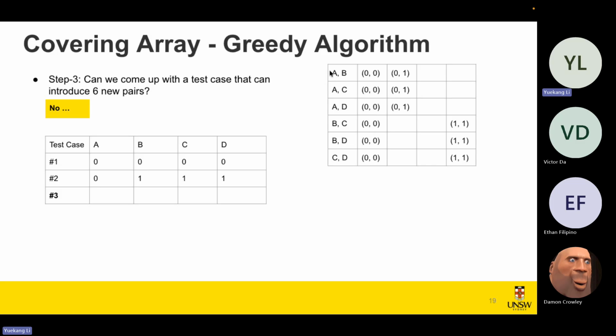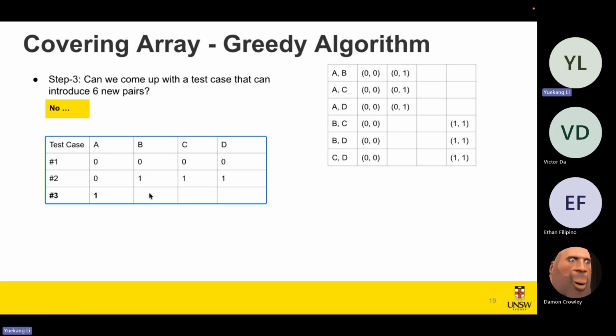If you care about A, we just need to pay attention to the first 3 rows. All the possibilities of 0,0 and 0,1 for A have been taken, right? So we have to use 1 for A.